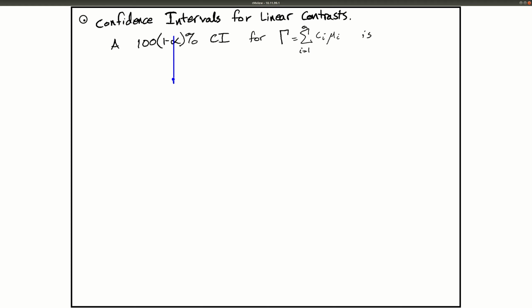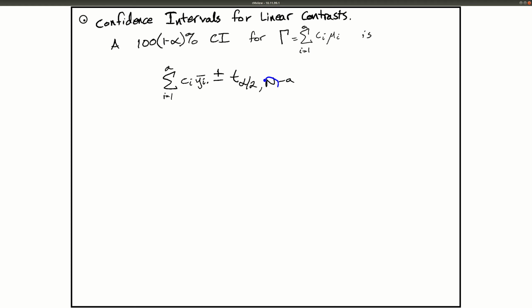So we have our point estimate for what gamma is, that's our C, and remember the big C is just each contrast coefficient times the sample mean. So we're plugging in the sample mean, y sub i dot bar, for mu sub i. We add those up from i equals 1 to a, plus or minus, and then we have our t critical value. So that would be t alpha over 2 with n, big N, minus a degrees of freedom.